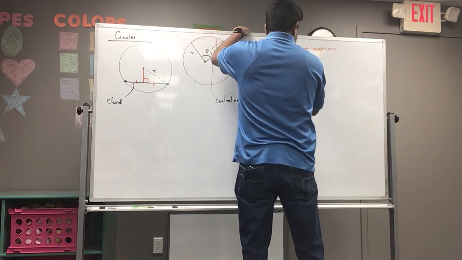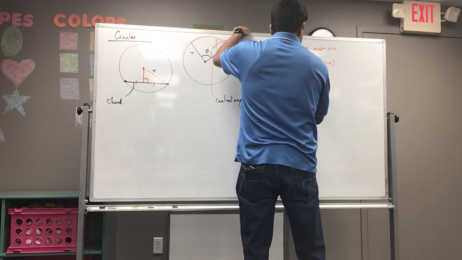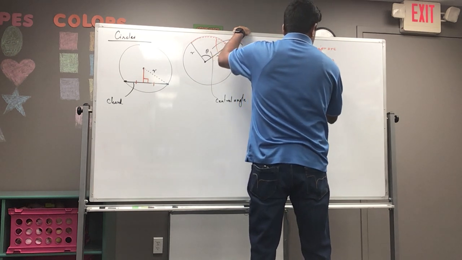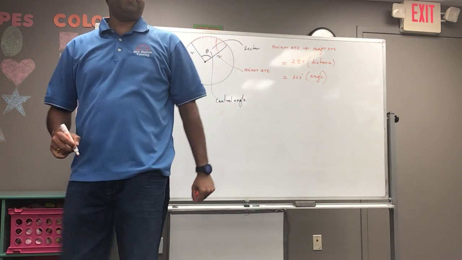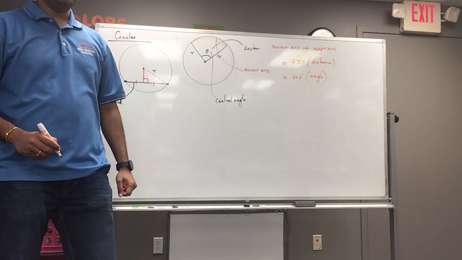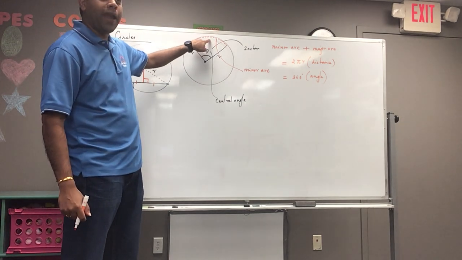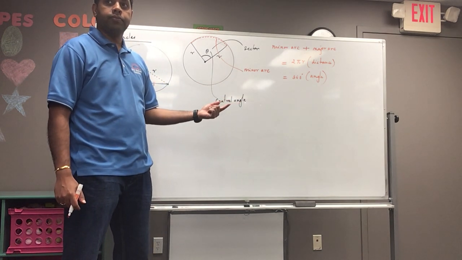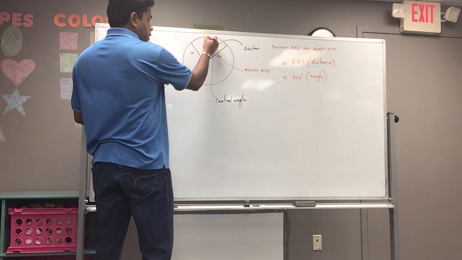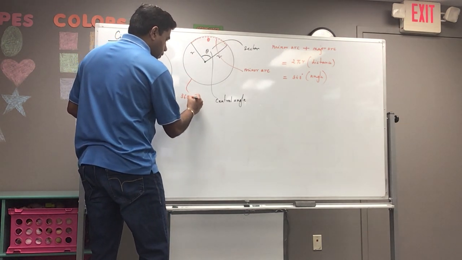The circumference can be 2 pi r in terms of distance, or 360 degrees in terms of angle. So an arc can be an angle, or an arc can be a distance. Make sense? So if this is theta, this will be theta. So the major arc becomes 360 minus theta.